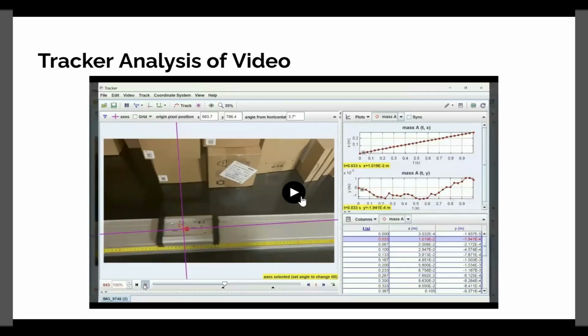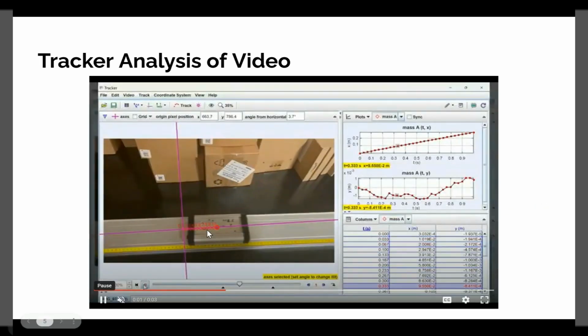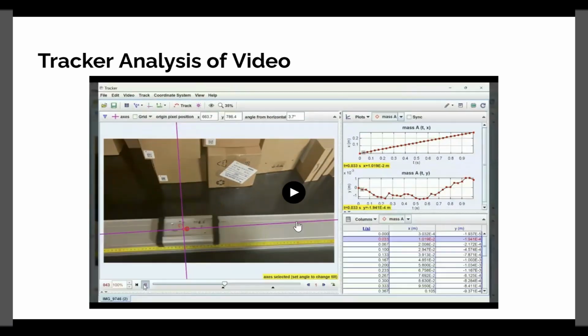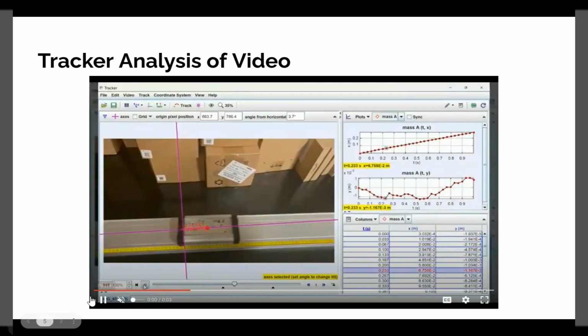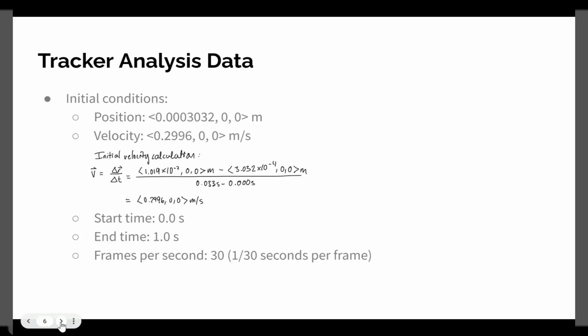Here's a video of my Tracker analysis, and I chose this direction towards the right to be my positive x-axis, with the origin starting at the center of the trolley at time equals 0. The initial conditions I gathered from the Tracker data are that the position at time equals 0 is 0.0003 meters in the positive x direction, and velocity, which I calculated using this formula here, came out to be 0.2996 meters per second.